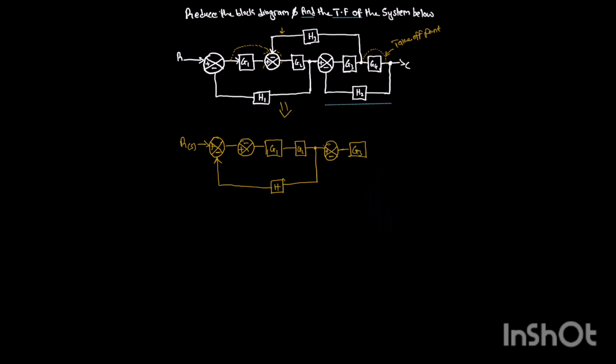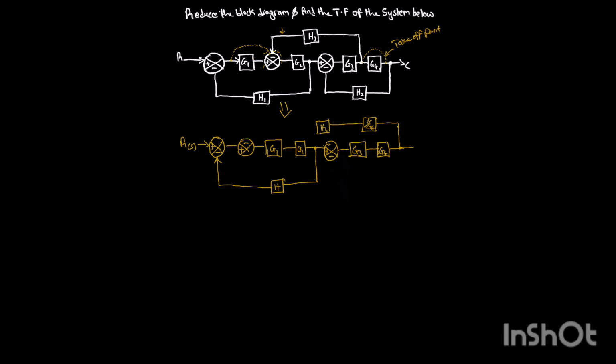So this point now, I'm going to move this point over to this place. This will be my G4. I'll be putting this point over to this place, so I'll add the inverse of the actual gain, which is G4. And here we have H3.